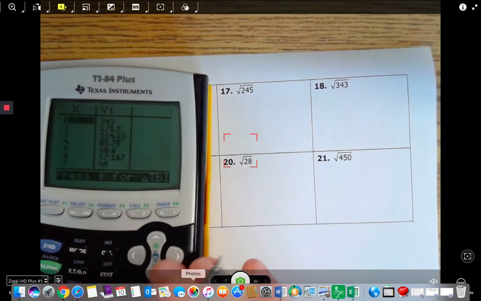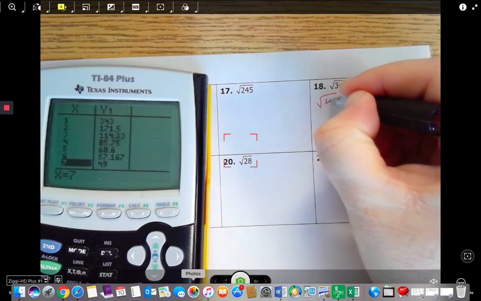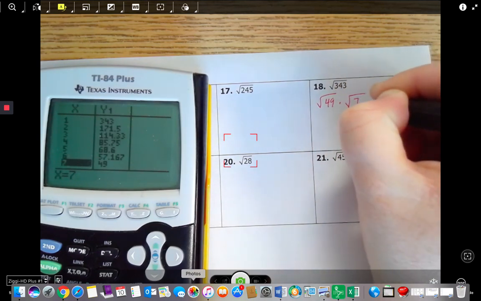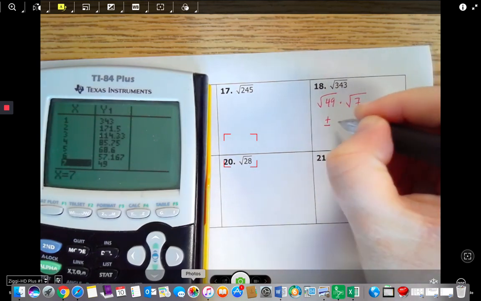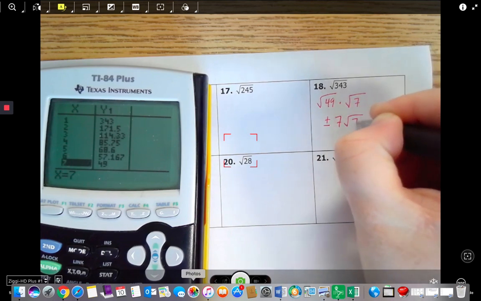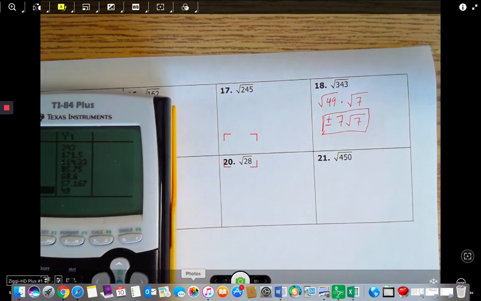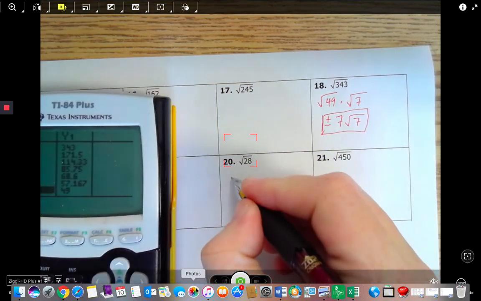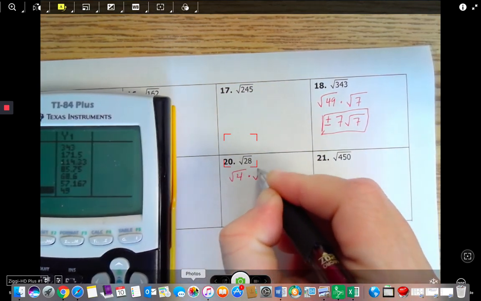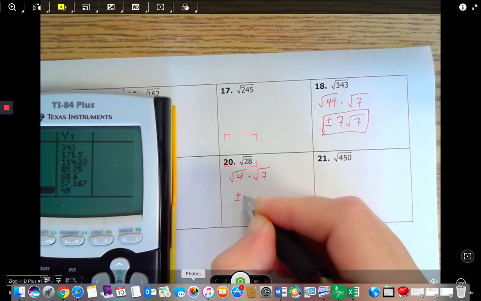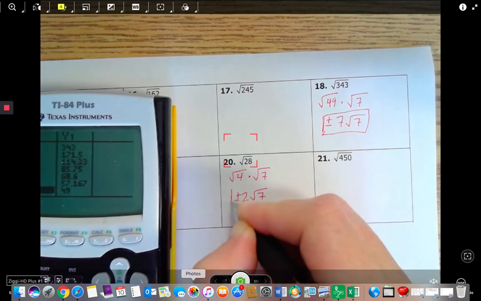It's going to be the square root of 49 times the square root of 7, plus or minus 7 times the square root of 7. And then the last one I'm going to work with you guys is 28, and I know that's the square root of 4 times the square root of 7, or plus or minus 2 times the square root of 7.